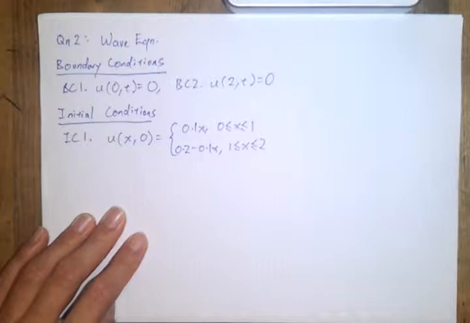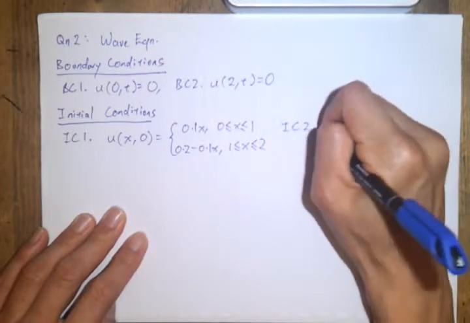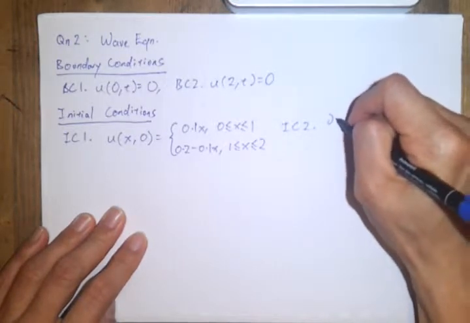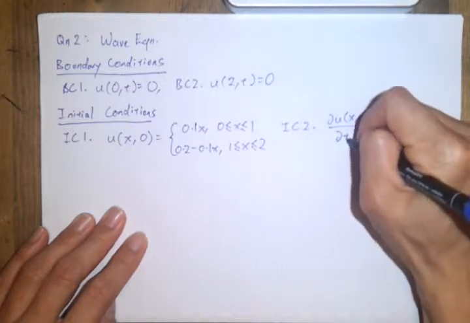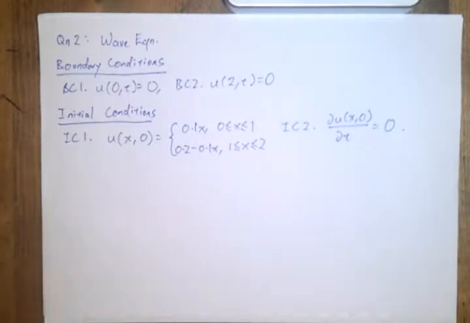That's the first initial condition. The second initial condition, IC2, tells you that du/dt at time equals 0 is equal to 0.